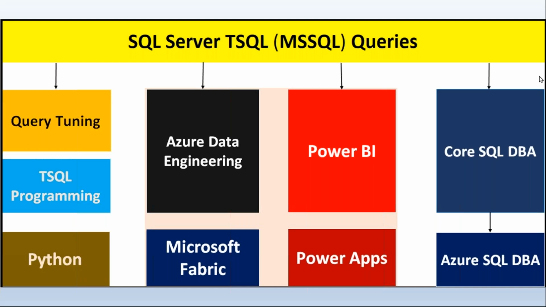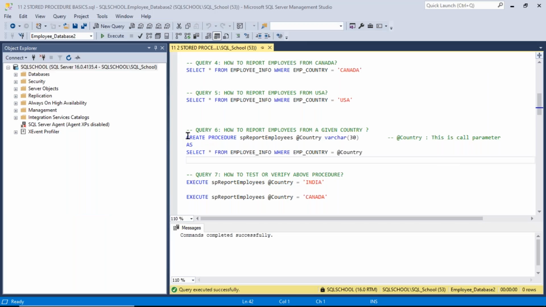Those drop downs can be given by Power BI, Power Apps, data engineering, Fabric. So what is actually executed internally? It is a procedure. Create procedure name @country.